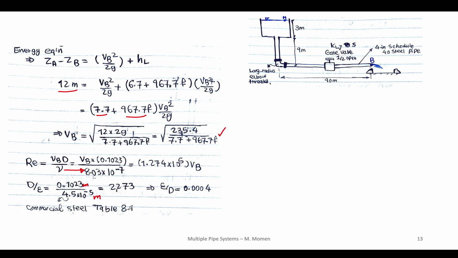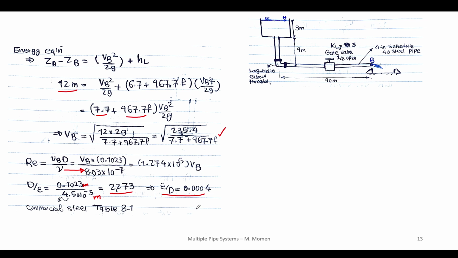So I go to table 8.1 in the book, and I find this roughness value, which is 4.5 times 10 to the minus 5, and this gives me the D over epsilon, which is 2,273, and this is the relative roughness, which is 0.0004. So I have Reynolds number, which is a function of VB, and the relative roughness.